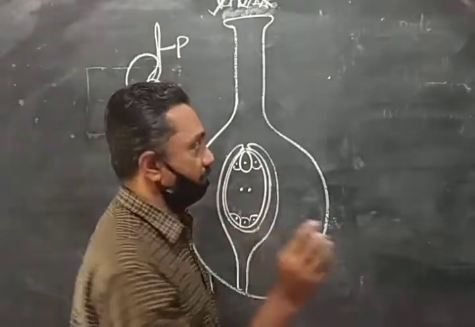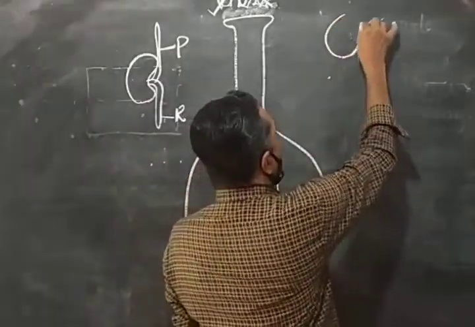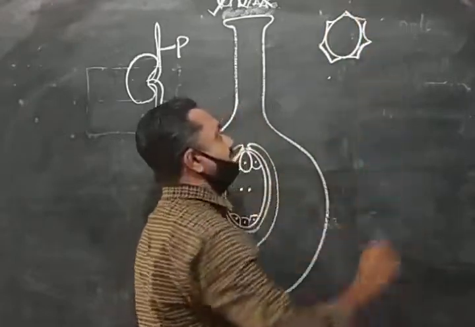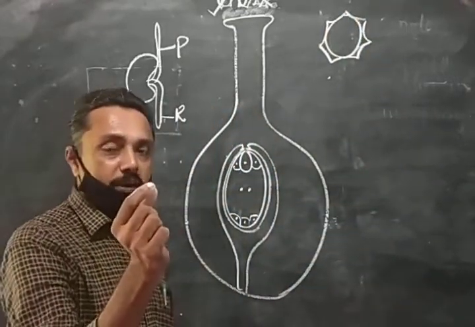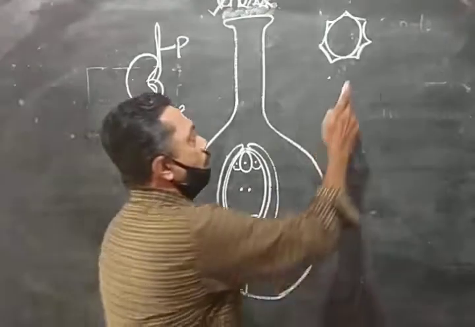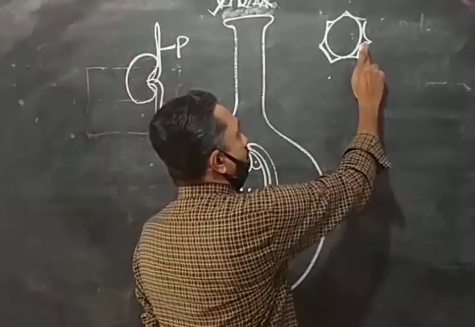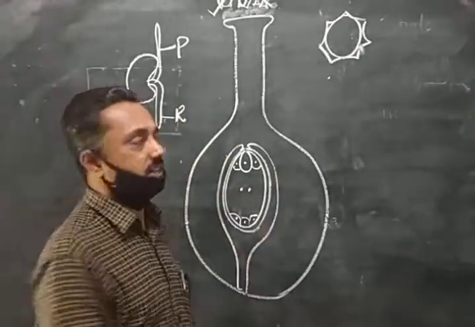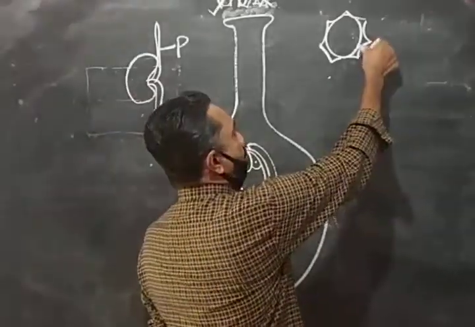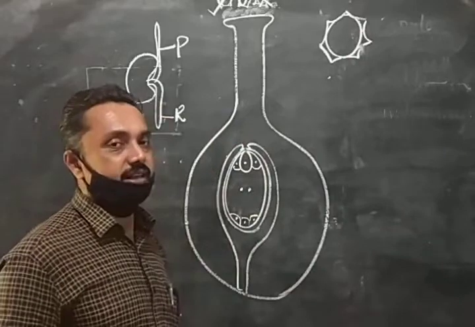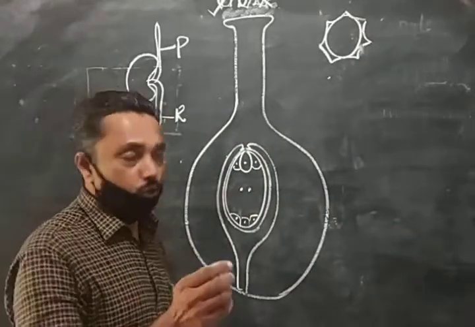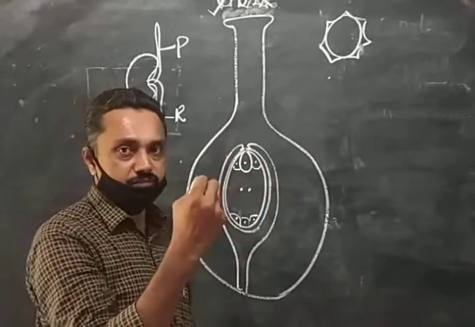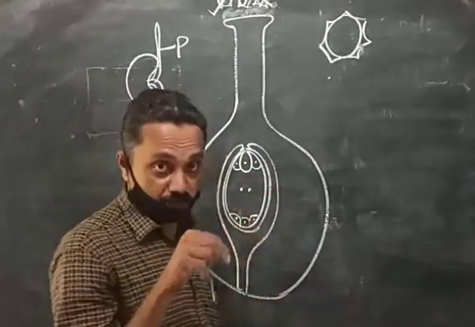In pollen grains, on the exine, numerous small openings are present. Those openings are called germ pores. You have seen the structure of the pollen grain. The exine is thin or absent there. Through that, the pollen grain absorbs the sugar-like substance and begins to germinate.